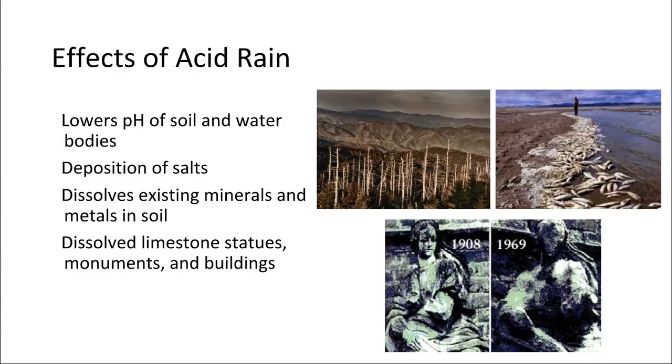The effects of acid rain are wide-ranging. The deposition of salts is bad. It can ruin man-made structures. We saw this in the lab. But I think the main one that is kind of looked over a lot, but is one of the worst, is that it will put naturally occurring aluminum in the ground in solution. When that happens, the solution of aluminum will run off into the rivers and the lakes.